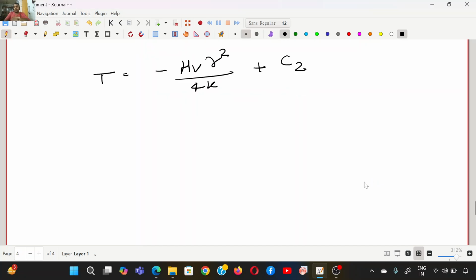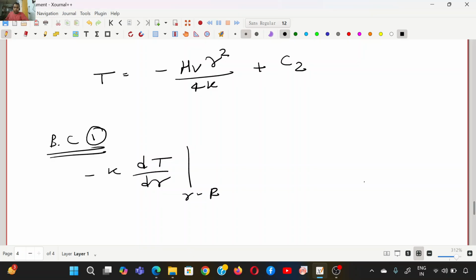Now you apply the first boundary condition to this temperature profile. So what's the first boundary condition? Minus k dT by dr at r is equal to capital R is h into T at capital R minus T infinity.